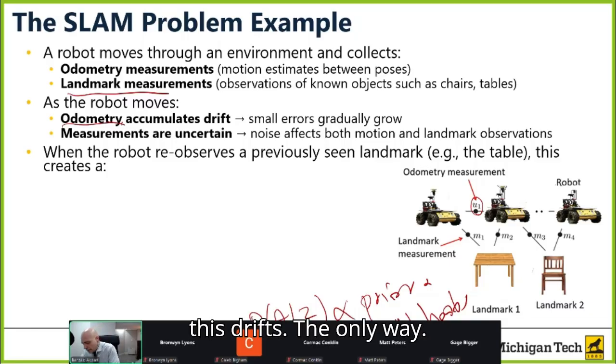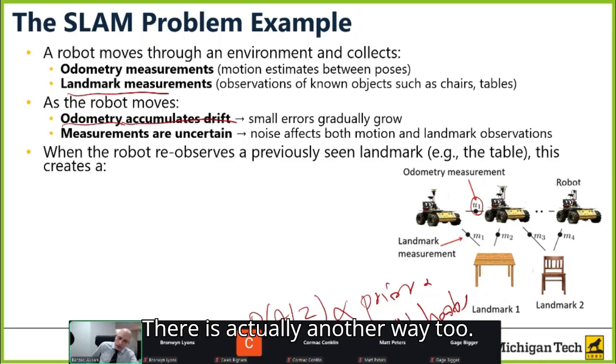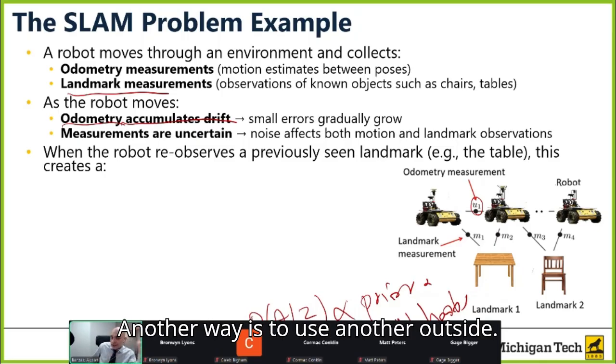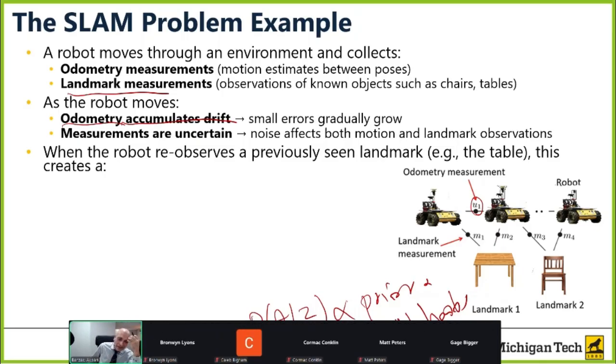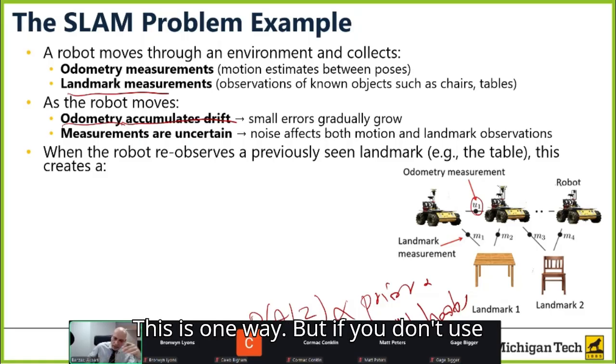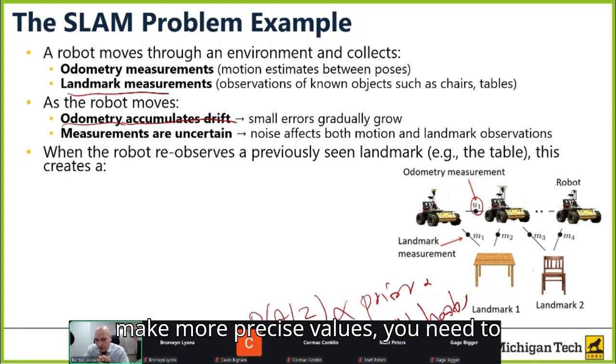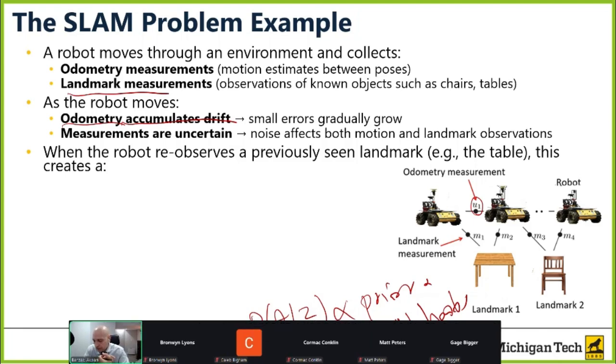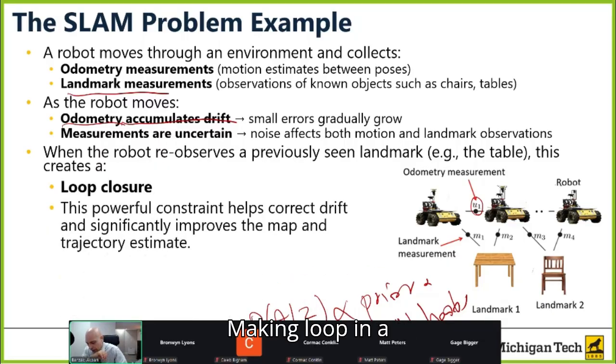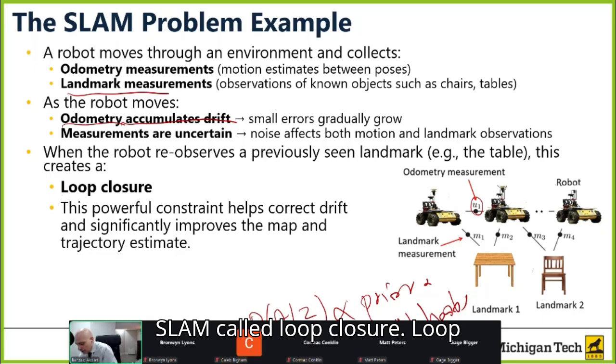Another problem is how we can fix these drifts. There is actually another way: use outside sensors like GPS to fix it. This is one way. But if you don't use that, or you want more precise values, you need to fix it by making a loop. Making a loop in SLAM is called loop closure.